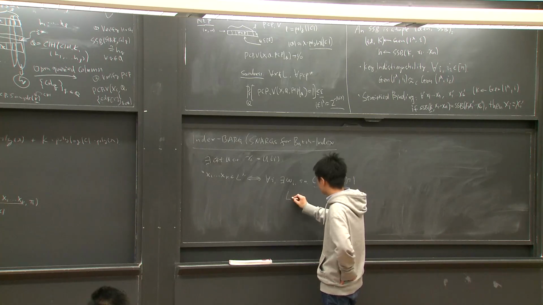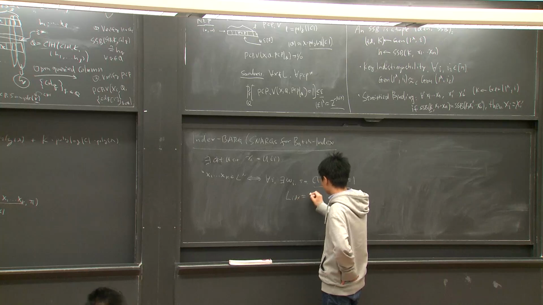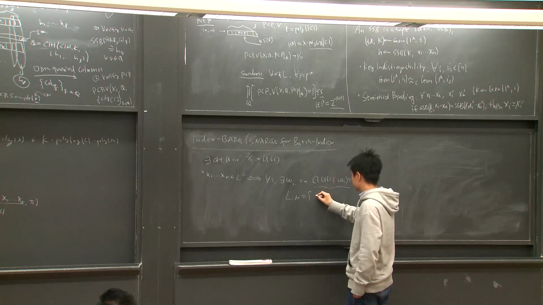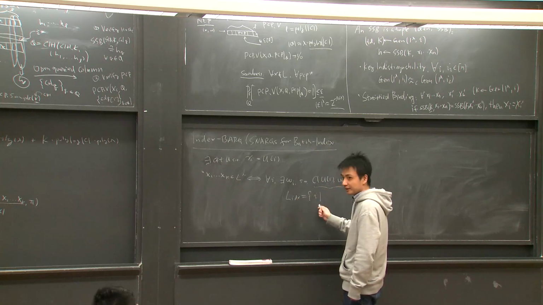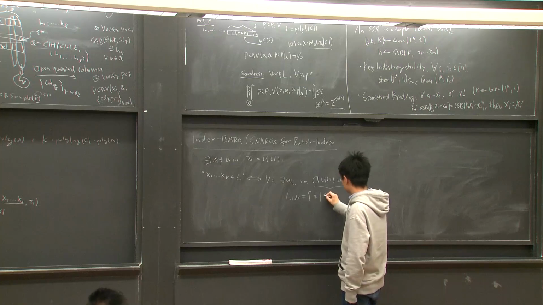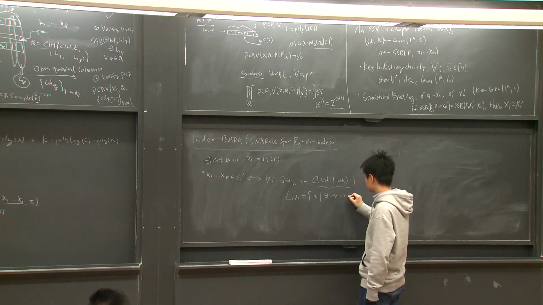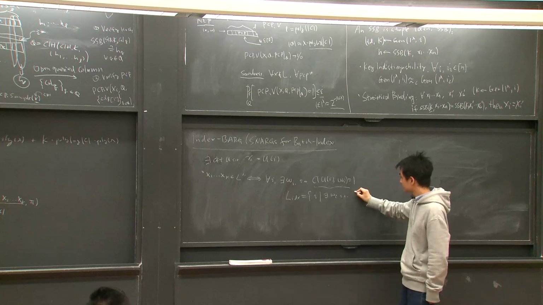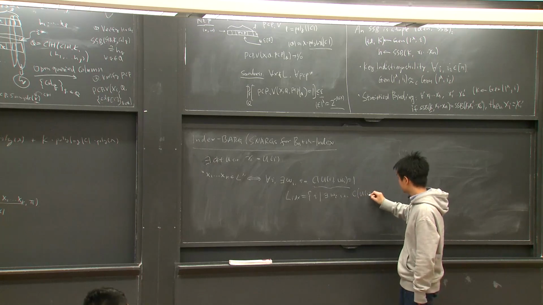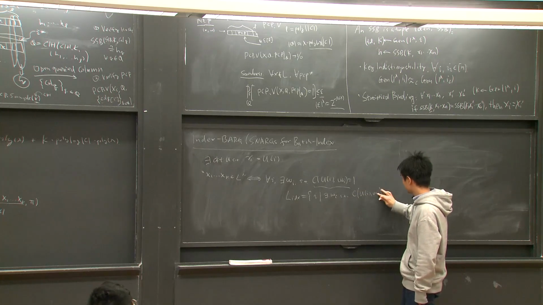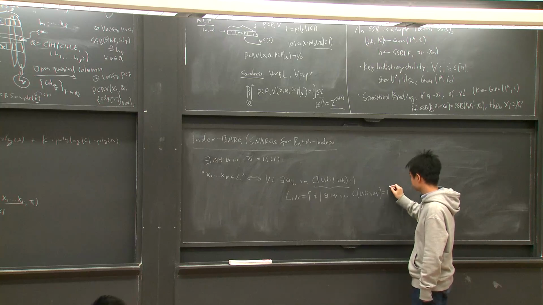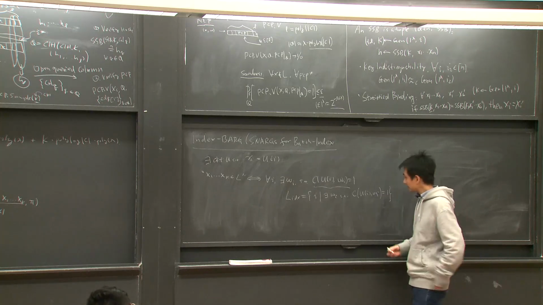The new NP relation is defined as follows: the instance is just an index, and it verifies there exists a wi such that this holds.